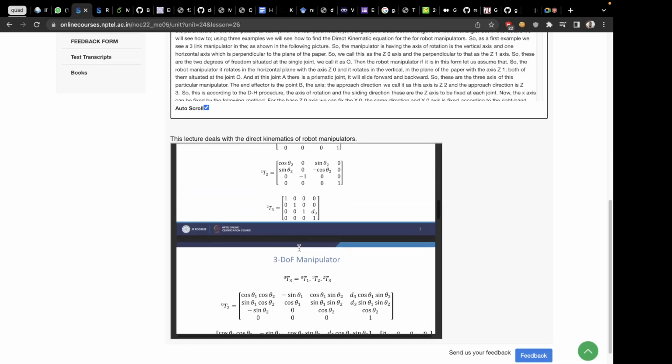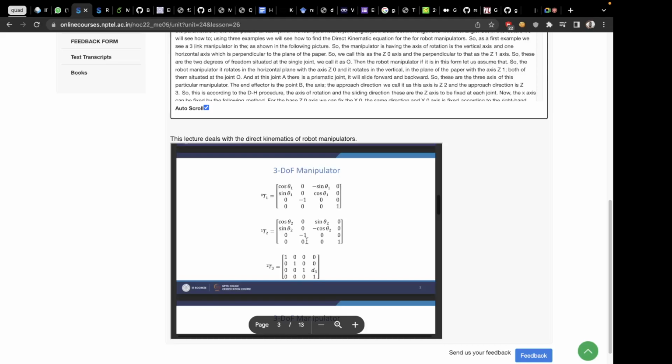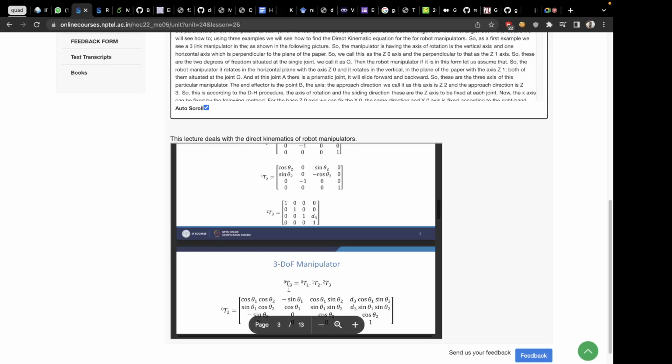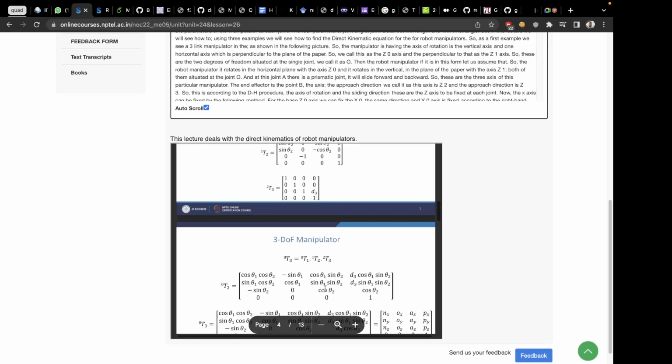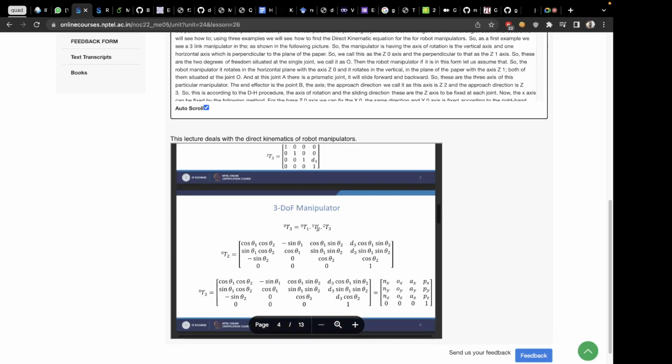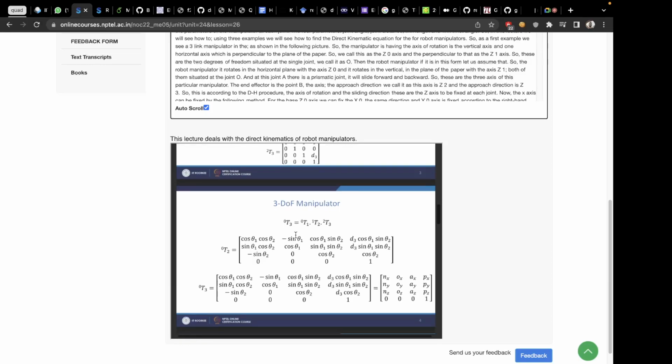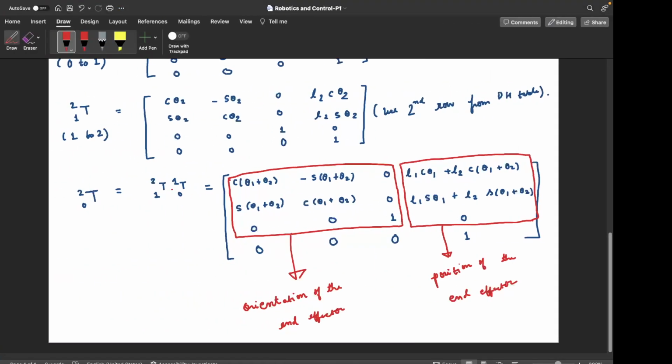Okay, so 0 to 1, 1 to 2, 2 to 3. So we are basically post multiplying, right? So yeah, there should be a change here. Please note that.